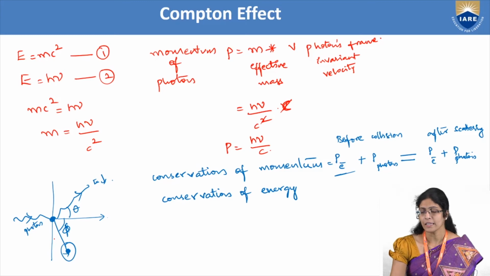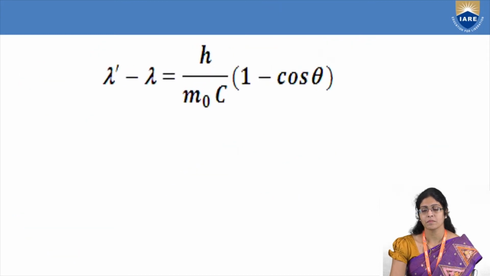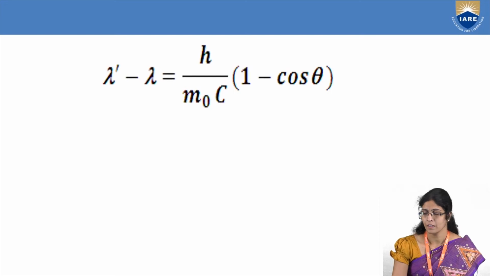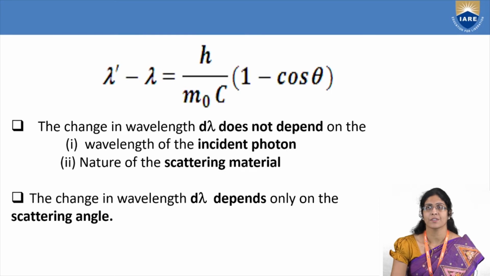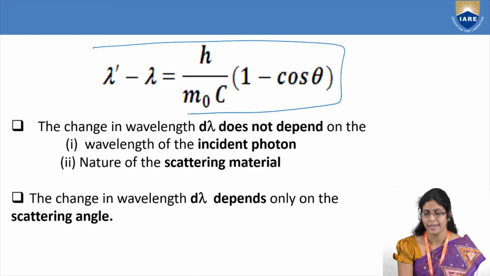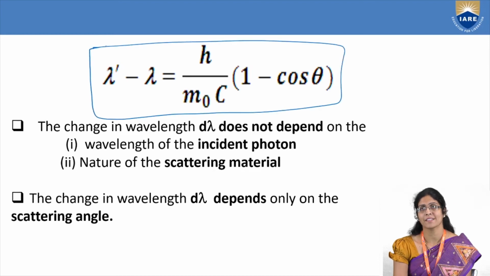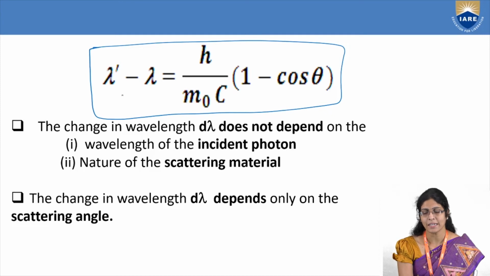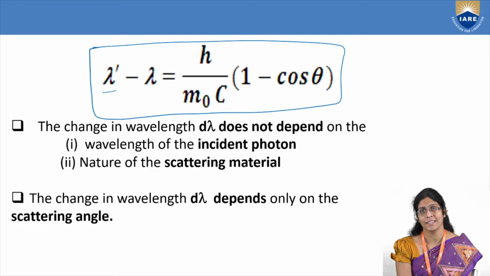So finally he arrived at this particular equation, which says that lambda dash minus lambda is equal to h by m naught c into 1 minus cos theta. So what is lambda dash minus lambda? Lambda dash is the wavelength of the photon which has lowered energy, that is, enlarged wavelength. So lambda dash is greater.